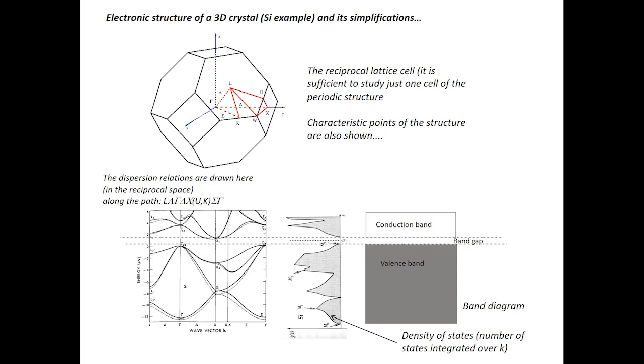This is very nice, when you can limit our problem to such an irreducible part, the reciprocal lattice cell, but it is still quite difficult to see everything at once.